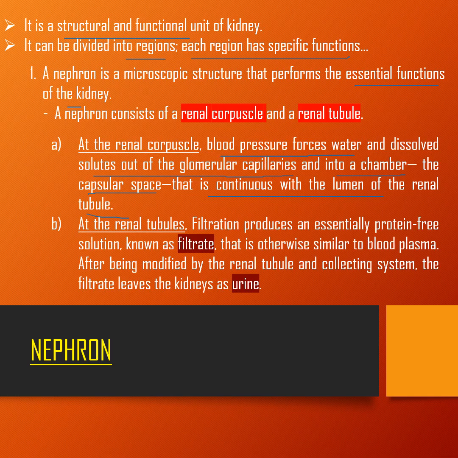At the renal corpuscle, filtration produces an essentially protein-free solution known as a filtrate that is otherwise similar to the blood plasma. After being modified by the renal tubule and collecting systems, the filtrate leaves the kidney as urine.